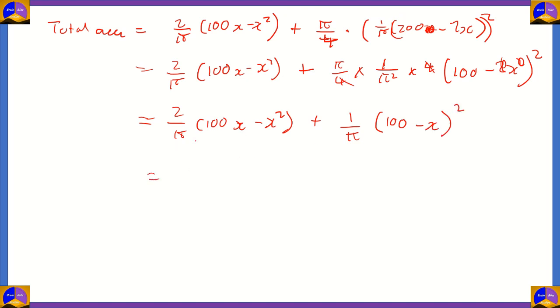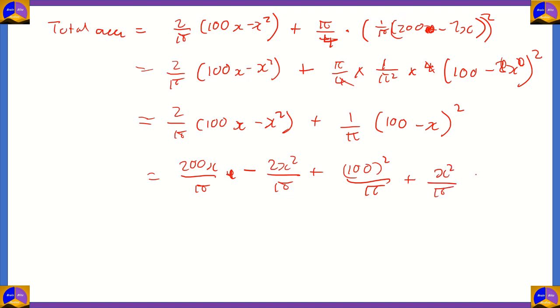So let's multiply all the terms. 2 by pi times 100x is 200x by pi, and then minus 2 times x squared is 2x squared divided by pi, plus 100 minus x the whole square, which will be 100 squared plus x squared minus 2 into 100 into x, that is 200x, and you multiply 1 by pi to all of these terms.